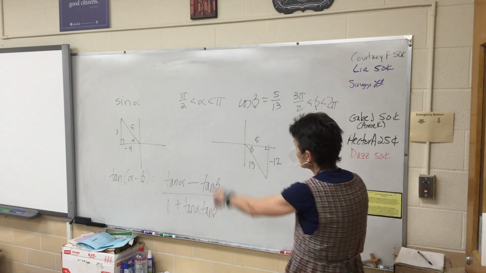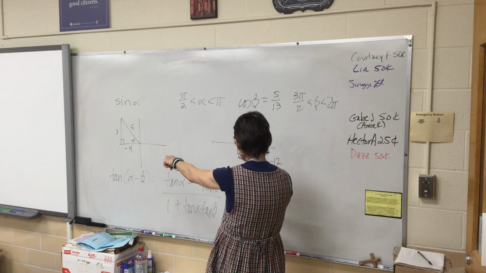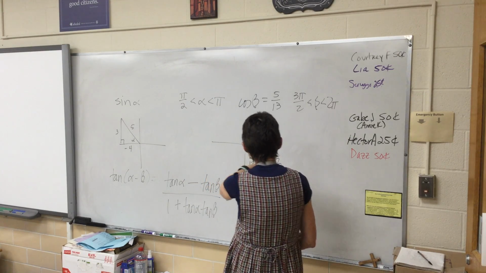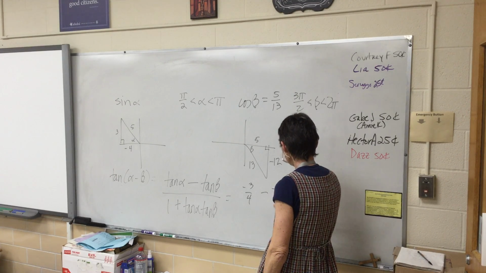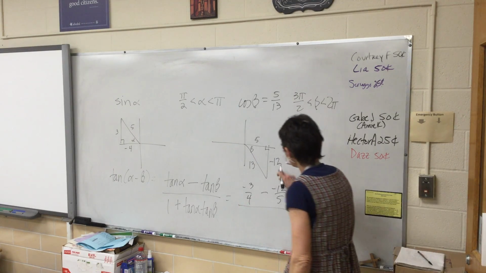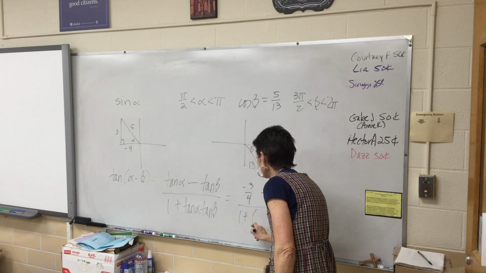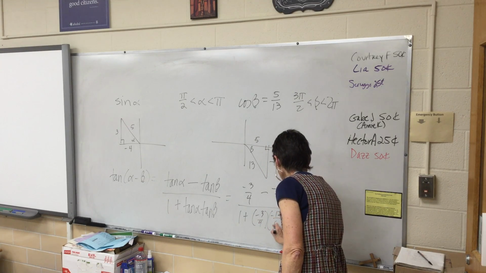All right, so tangent of alpha, -3/4 minus tangent of beta, which is -12/5 over 1 plus -3/4 times -12/5.